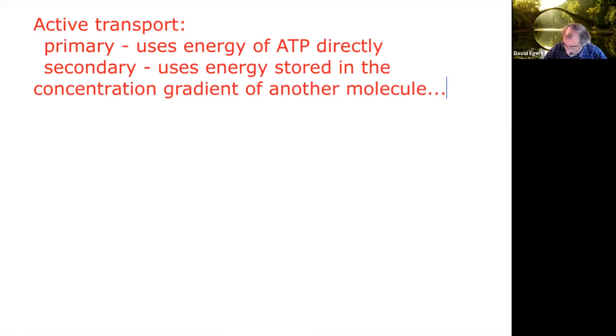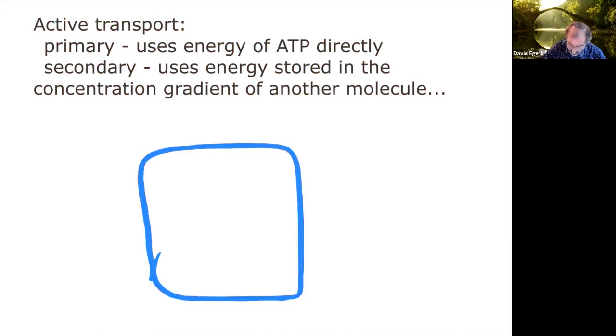So the way it works is like this. Here's a cell, and let's say here's glucose out here. There's already a lot of glucose in the cell.